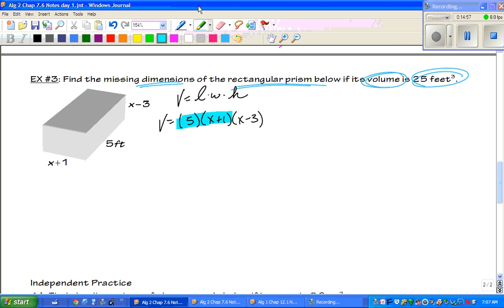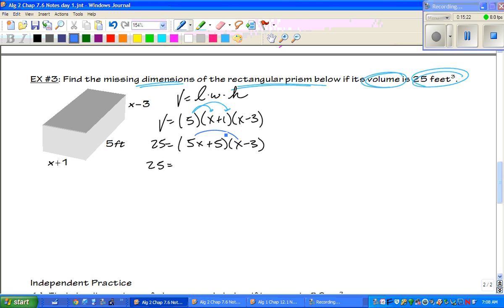This is what we're going to do, okay? We're going to distribute the 5. When we do that, we get 5x plus 5, x minus 3. And I was just writing v there for volume when the volume is 25. We know that.